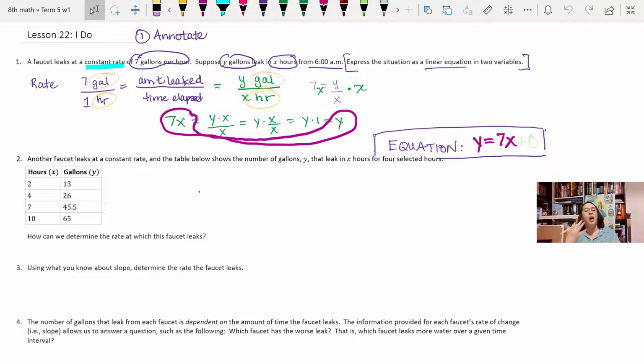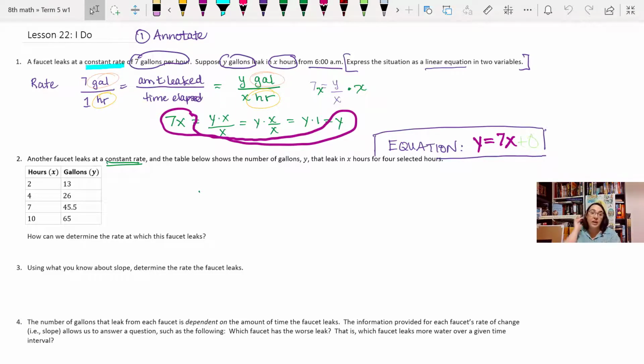Now we're told another faucet leaks at a constant rate. The table below tells us how many gallons that faucet leaks in a selected number of hours. So we would like to know the rate at which this faucet leaks.